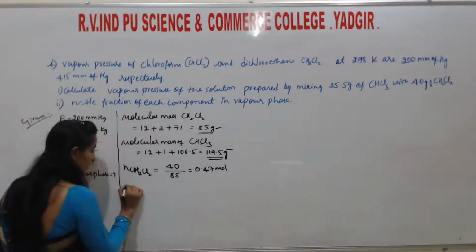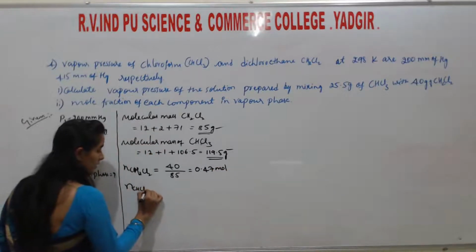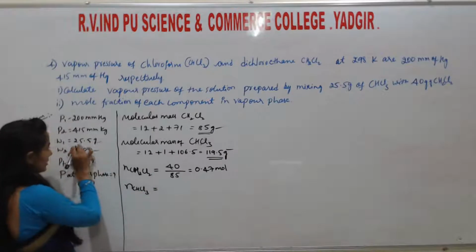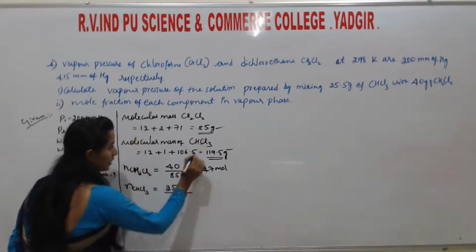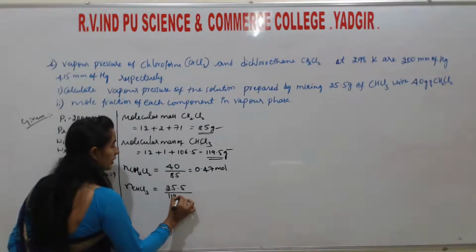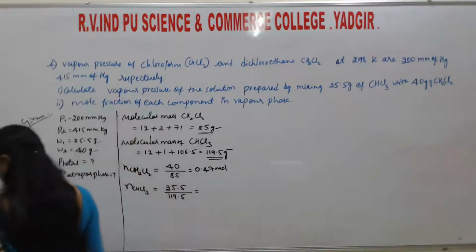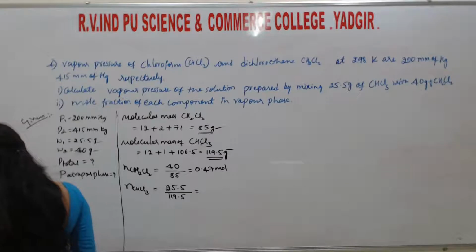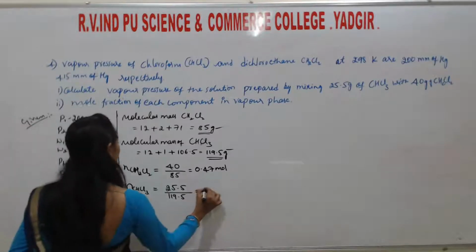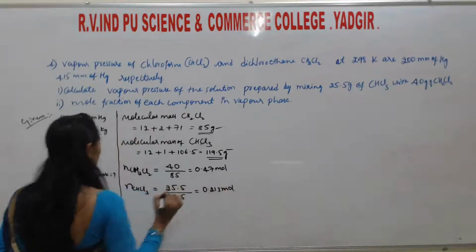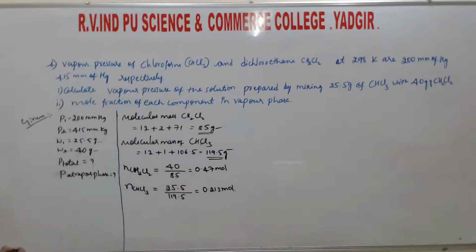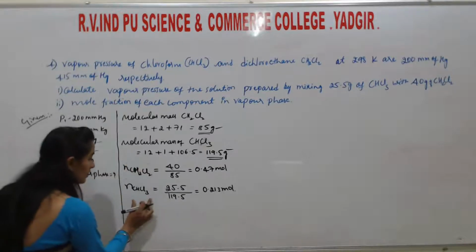Similarly, N of CHCl3, the given mass is 25.5 divided by molecular mass 119.5, you will get 0.213 mole. This is N of CH2Cl2 and N of CHCl3. So these are mixing with each other.